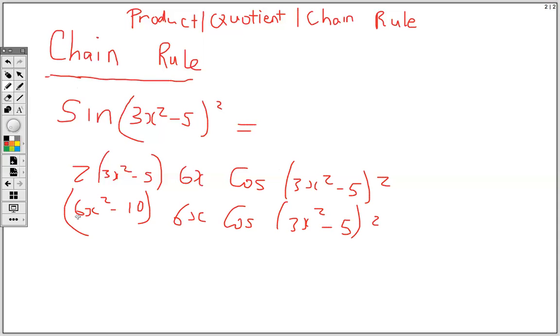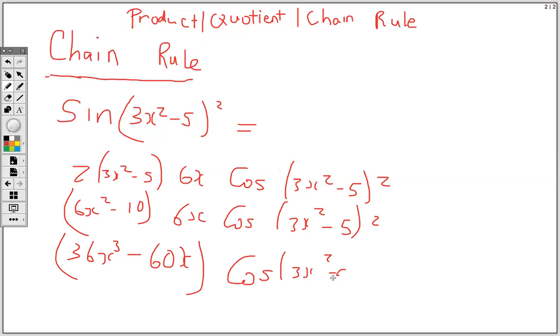Then 6x times 6x squared gives you 36x cubed, minus 6 times 10, that's 60x. Then we write out the cos 3x squared minus 5 all squared.